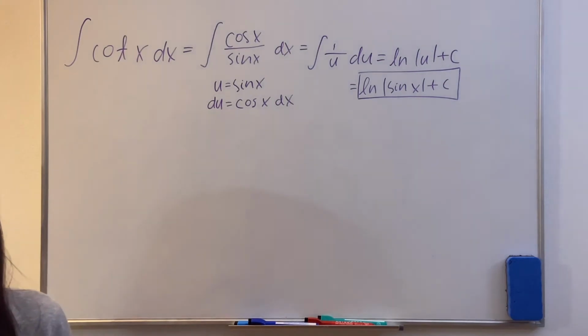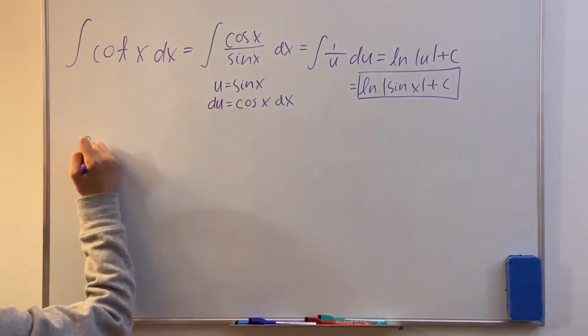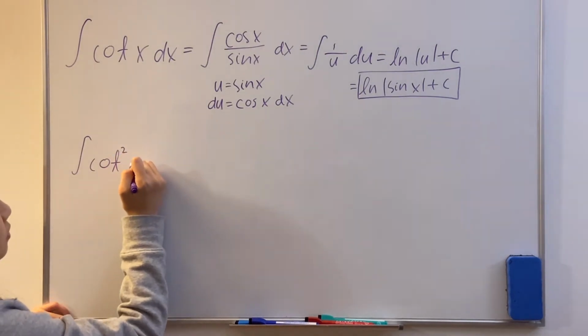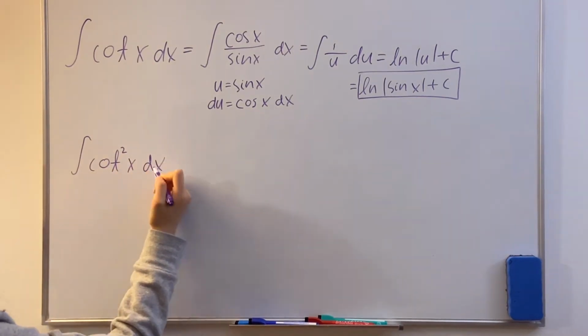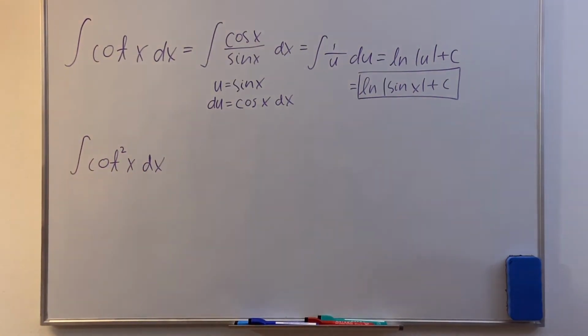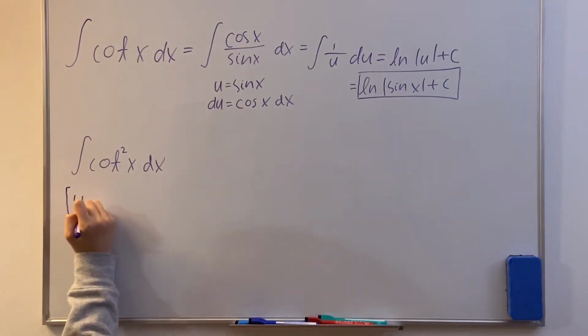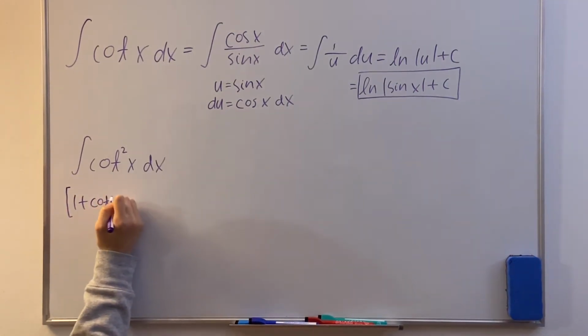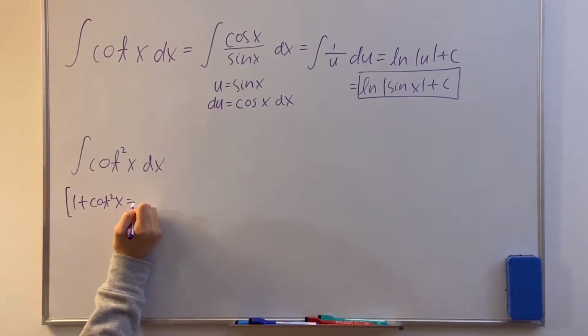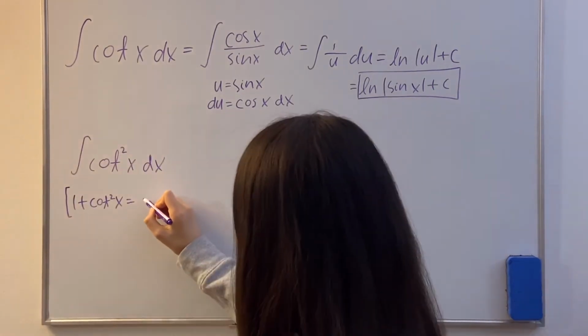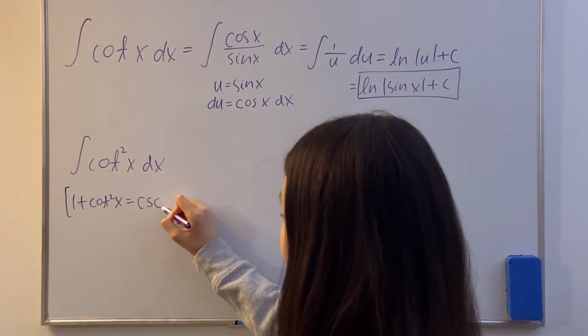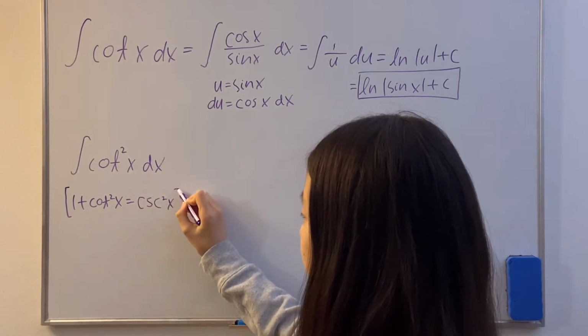Now I'm going to be taking the integral of cotangent squared x dx. The first thing you want to do here is use the Pythagorean identities. We know that 1 plus cotangent squared x is equal to cosecant squared x.